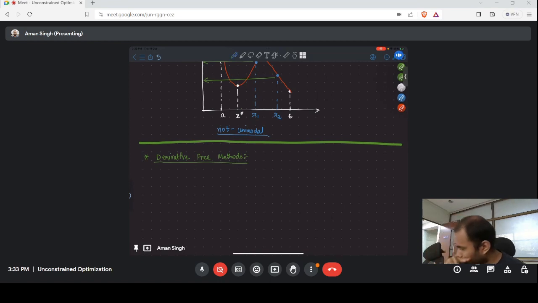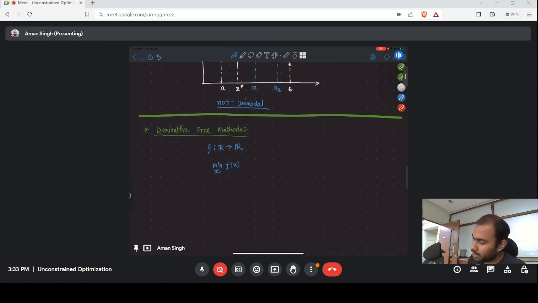The problem we are solving is: f is a function from R to R, and we are minimizing f over x. There are three types of algorithm in derivative free methods. First is dichotomous search.